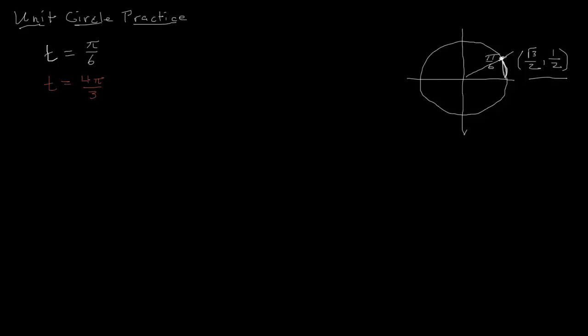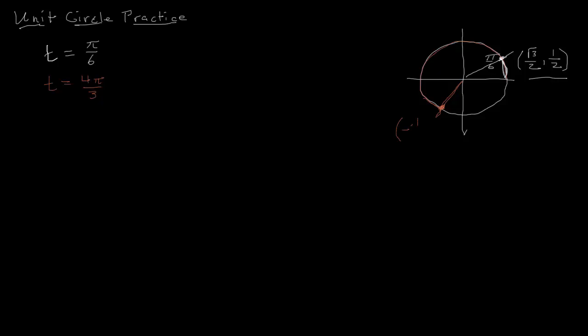So this is in the third quadrant. It's this angle down, kind of down here. And 4 pi over 3, I don't know exactly how long that is as a real number, as a decimal, but that's the angle. Here's the terminal side.